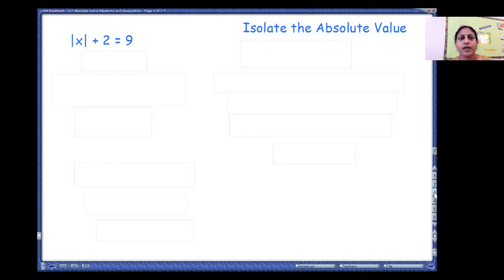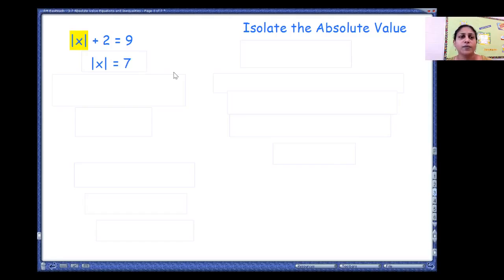So let's say we have an equation here, and this says absolute value of x plus 2 equals 9. Just like you isolate a variable, you have to isolate the absolute value. And in this case, this is the absolute value. So we're going to isolate it by doing inverse operations.